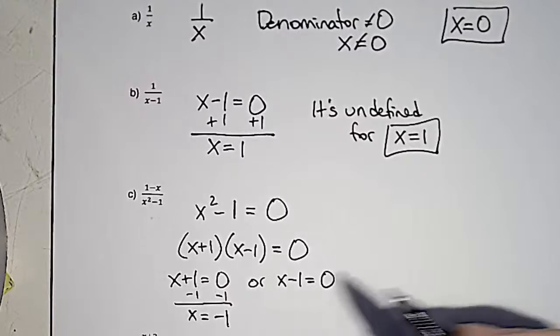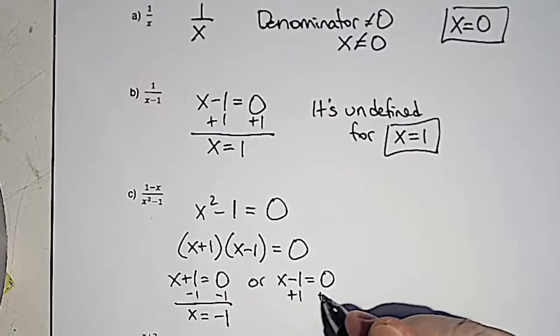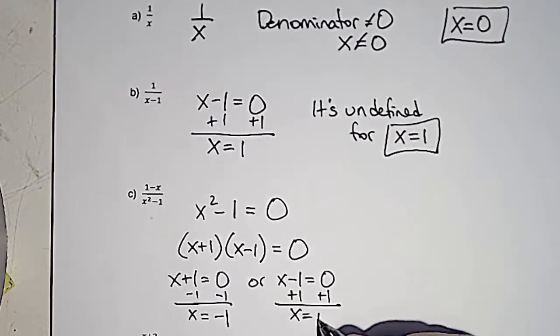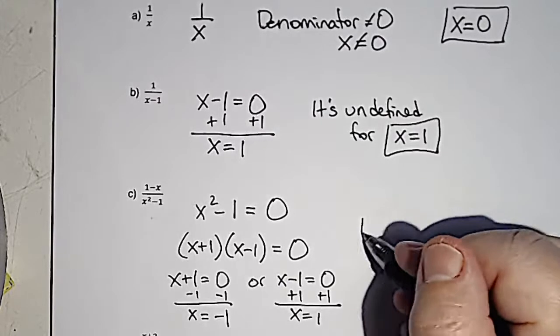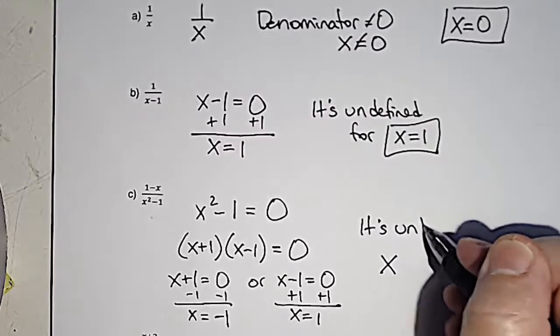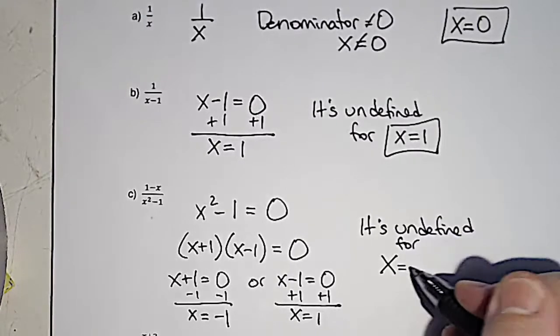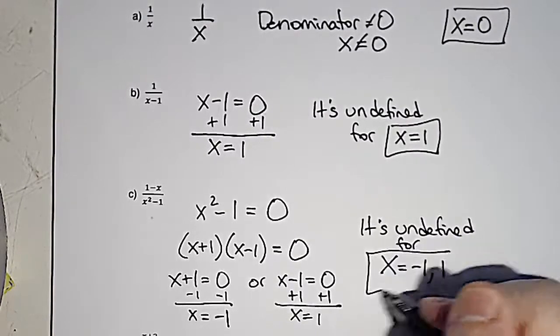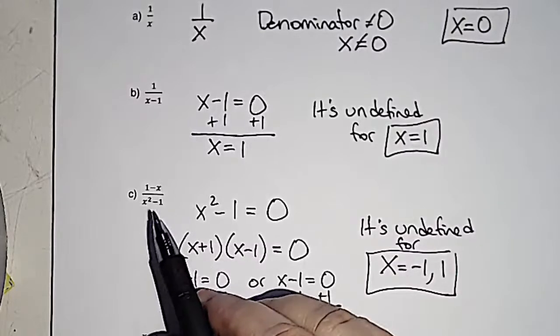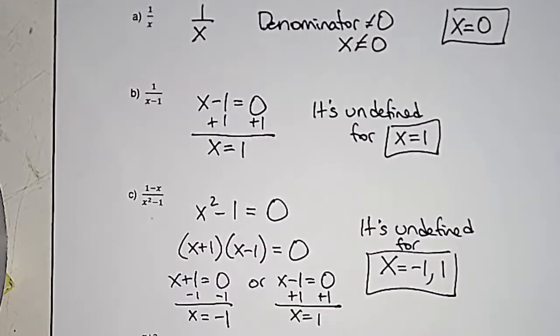X equals -1 or x equals +1. So my two values, it's undefined for x equals -1 and +1. Those are the two numbers that make the denominator 0.